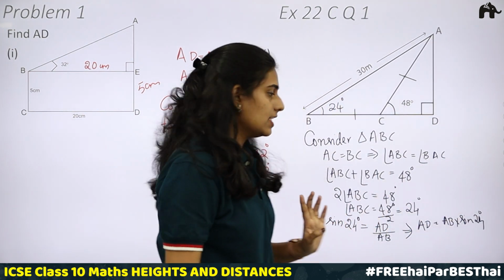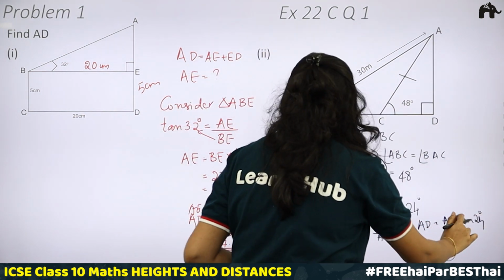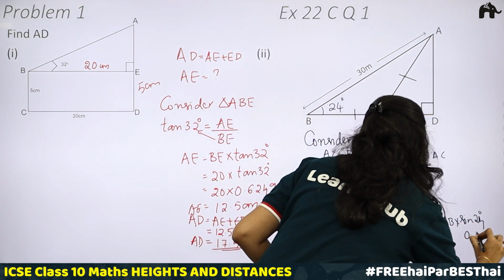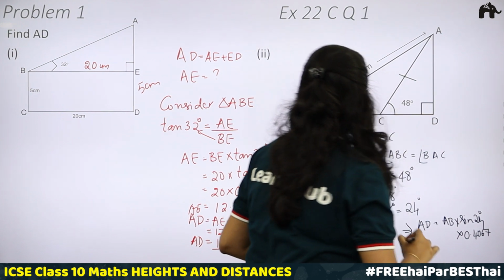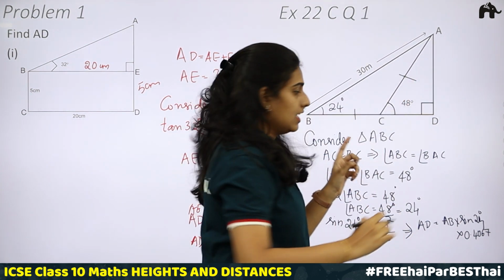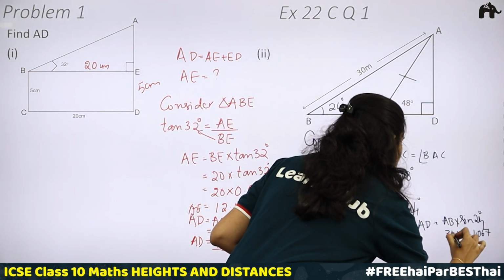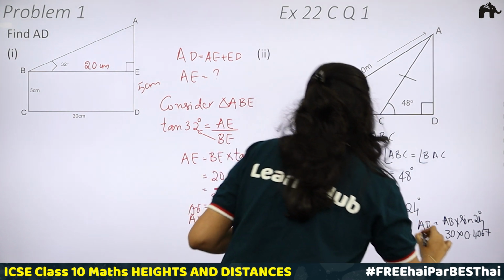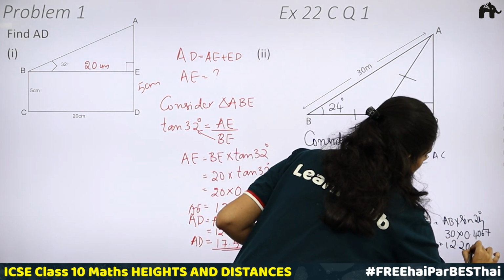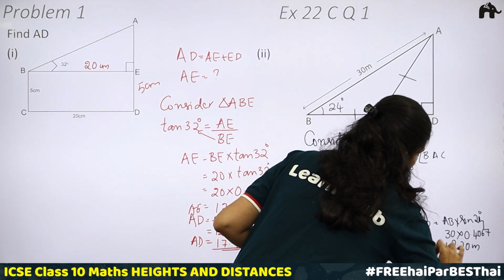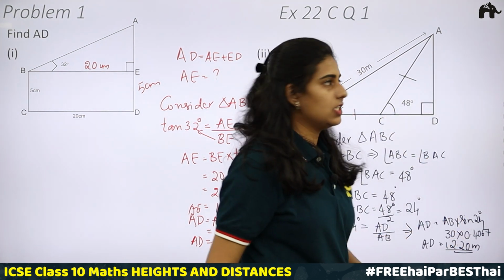When you check the natural sines, you will be getting sine 24 degree equal to 0.4067. What is AB? AB is 30. 30 into 0.4067 and the value will be 12.20 meters. AD will be equal to 12.20 meters.